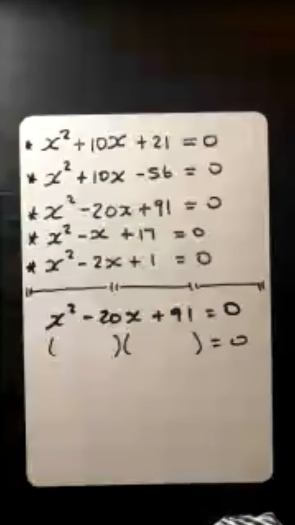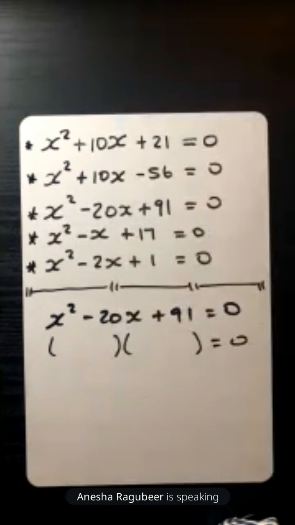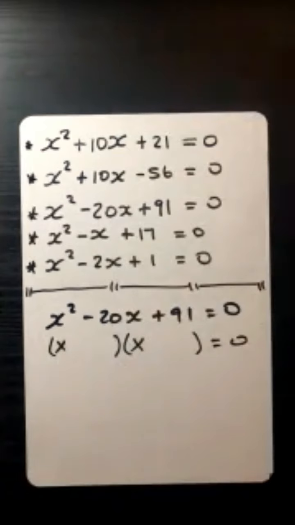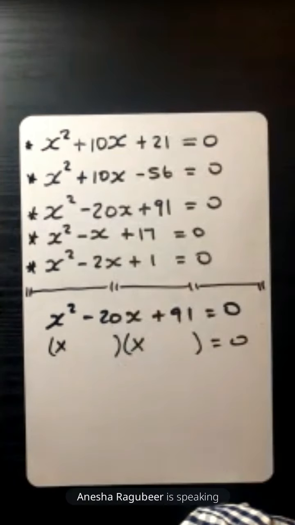Yes, sir. Then when we factorize, let's try to work out the factors. You can guide me on this one. So in both our brackets, we have to put x. So then we have to find two numbers multiplied that must give us 91.